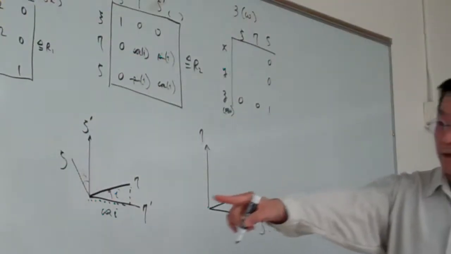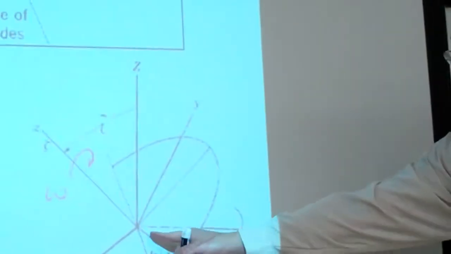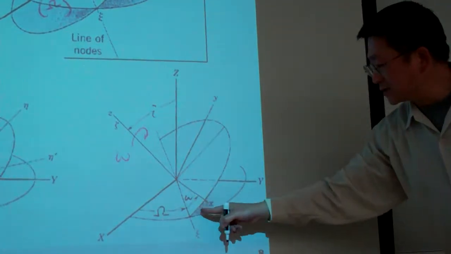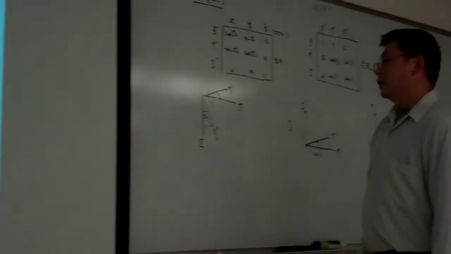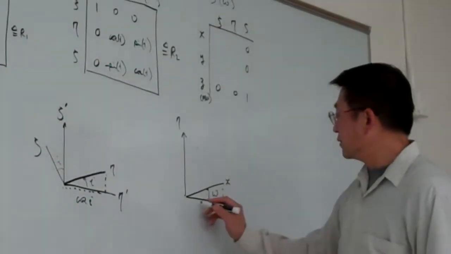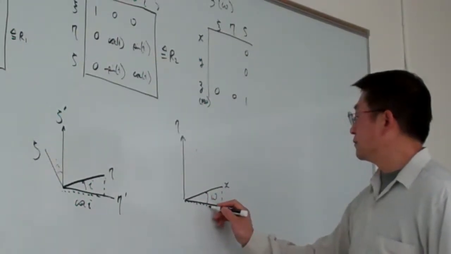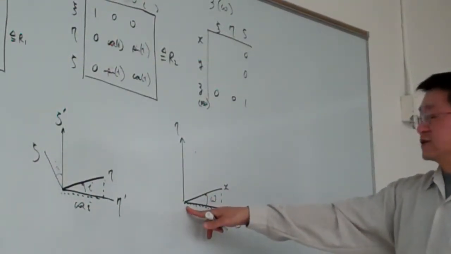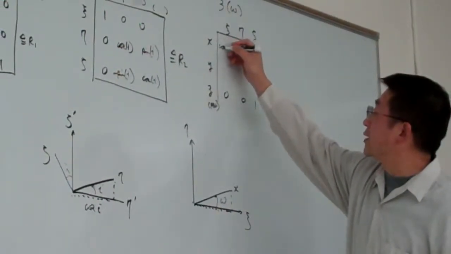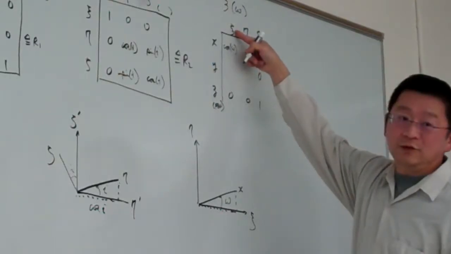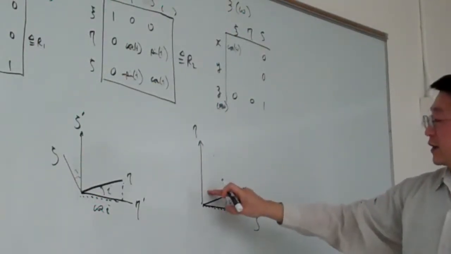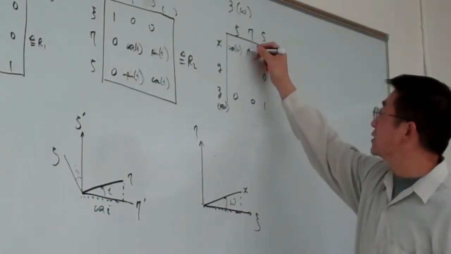If you look at this graph carefully, due to this rotation, this axis is moving from here. This is our angle omega, and the same thing, projections. This amount is cosine omega in that direction, and this amount is sine omega in this direction.